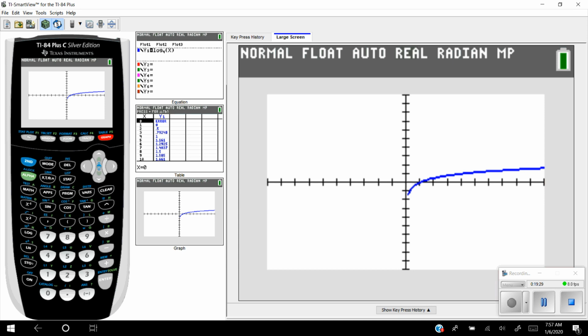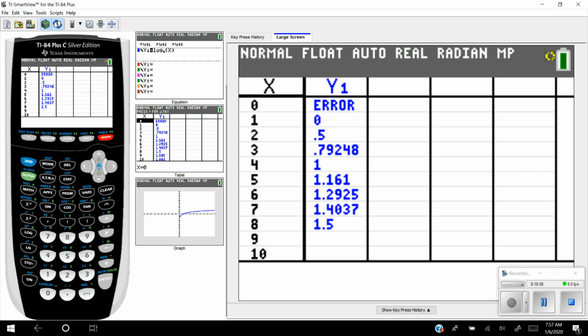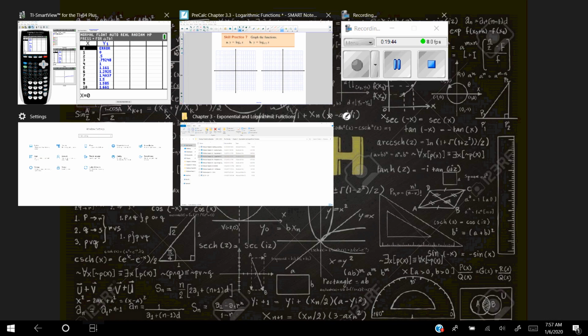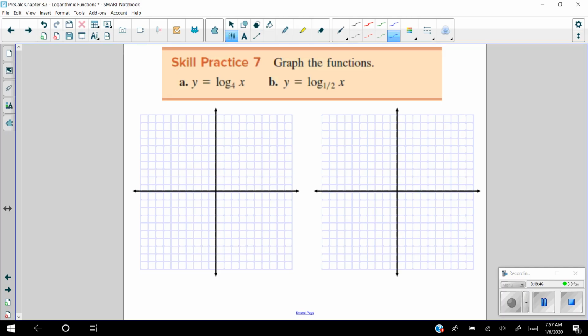So it actually will continue all the way down following the vertical asymptote there. So when I go here, I can also go second graph to get a table of values. I see I have points like (1, 0) and (4, 1) that I can put on my graph here. And I know that this is my vertical asymptote. So just make a nice smooth curve.